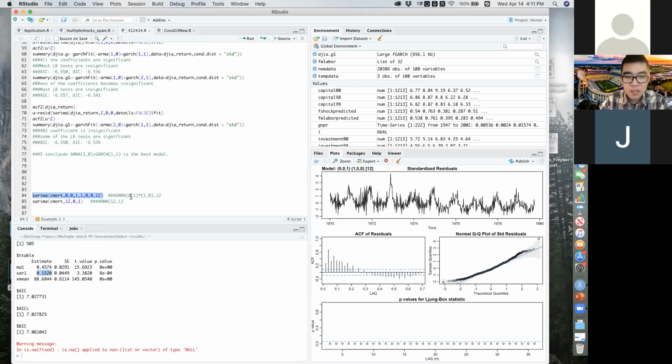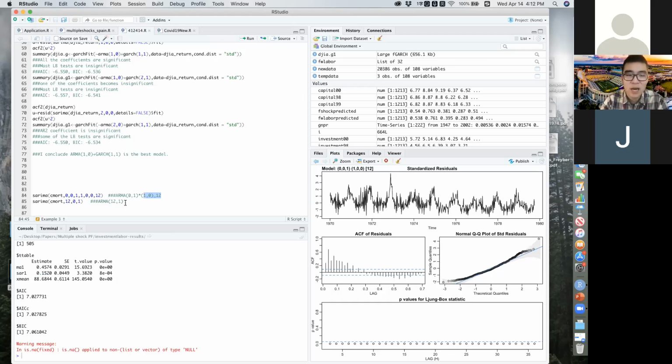Some students might think, because this is a seasonal 12 model, the seasonal part is the AR with lag number 12.